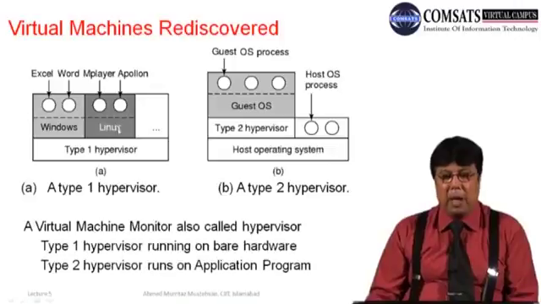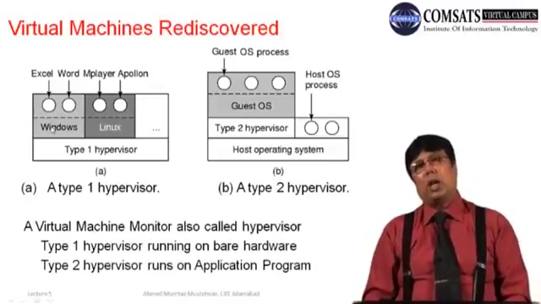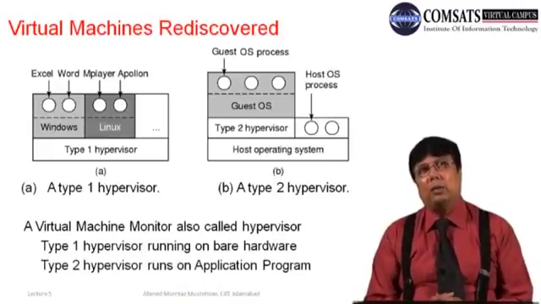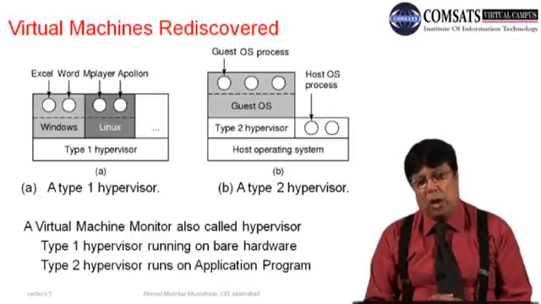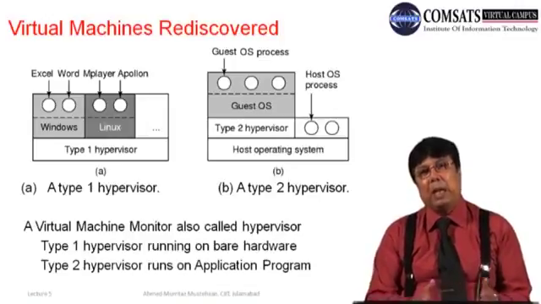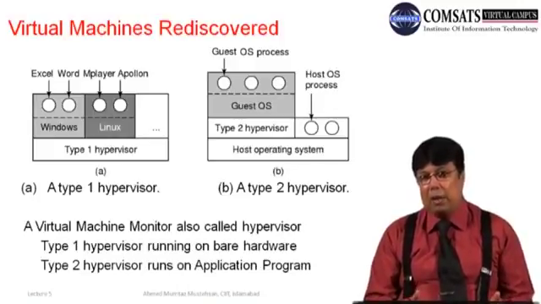टाइप 2 हाइपरवाइजर, nowadays lot of research has been done and lot of development has been done in the virtualization. और अब क्या है कि आपके पास ऐसी applications are available, virtual applications are available.